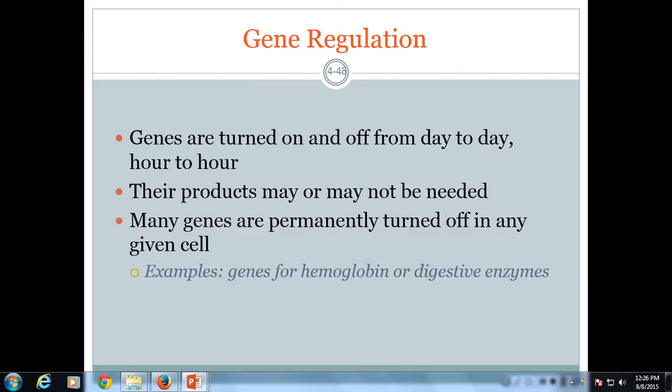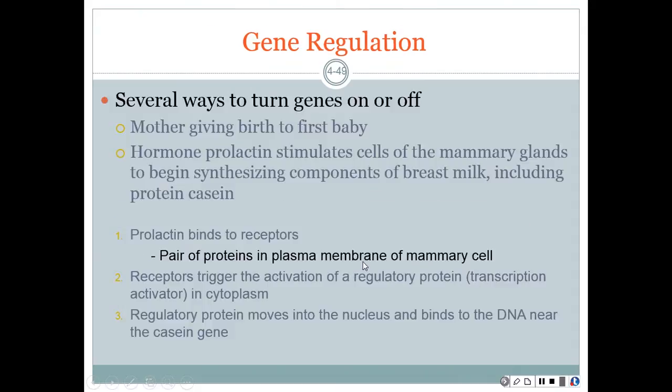Now, the hormone prolactin binds to receptors in the plasma membrane of a mammary gland cell. The binding to the receptor triggers activation of a regulatory protein in the cytoplasm.